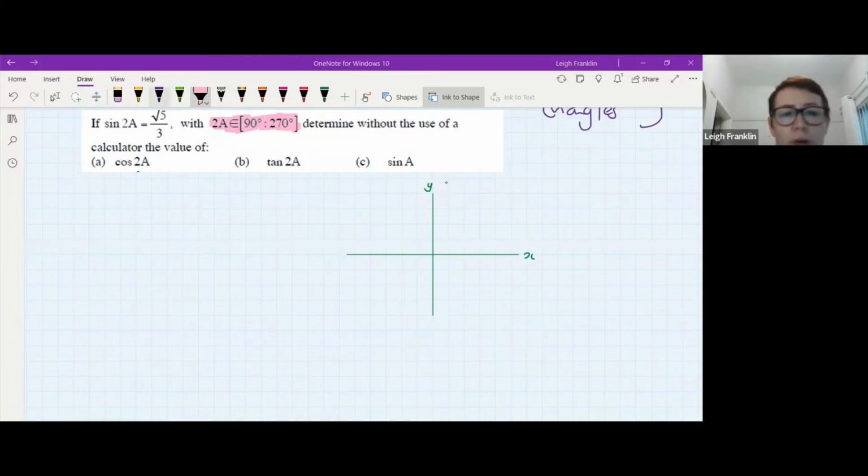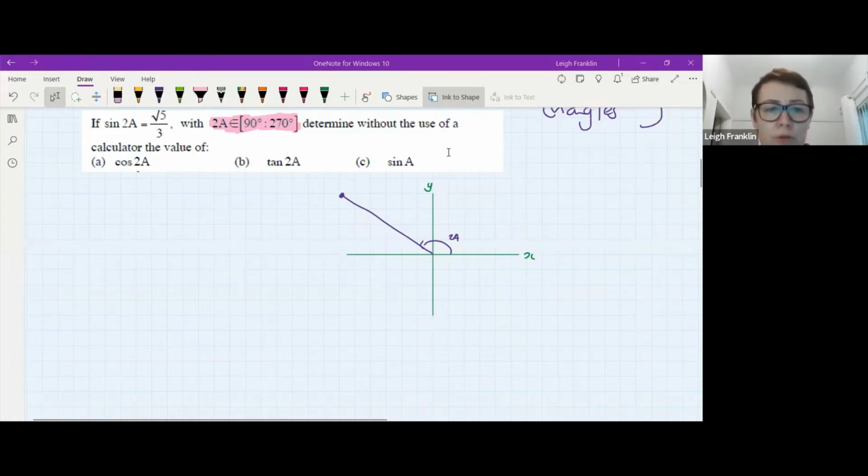Now you're going to draw your terminal arm. There's your angle 2A, and you are supposed to label it. Now we need to fill in some information. Do we know what the x coordinate at the end of the terminal arm is? Is that something that's been given to us?